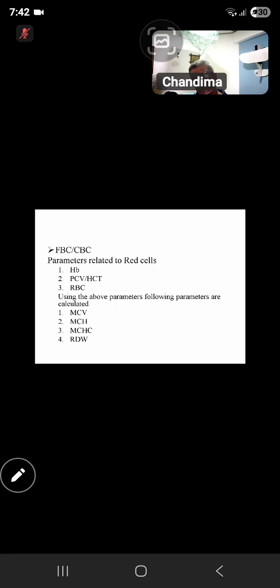With the use of modern analyzers, instead of PCV, instead of packed cell volume, we use a term known as hematocrit or the HCT. The difference between the packed cell volume and the hematocrit is, in PCV, we manually estimate by centrifuging a blood sample for a certain period of time.